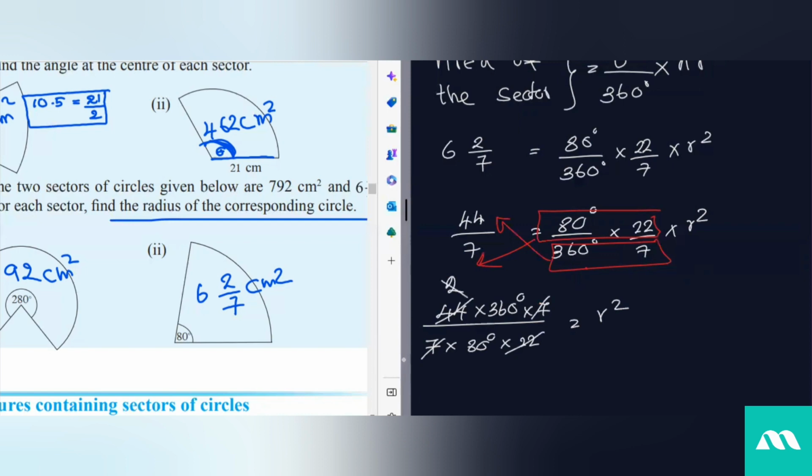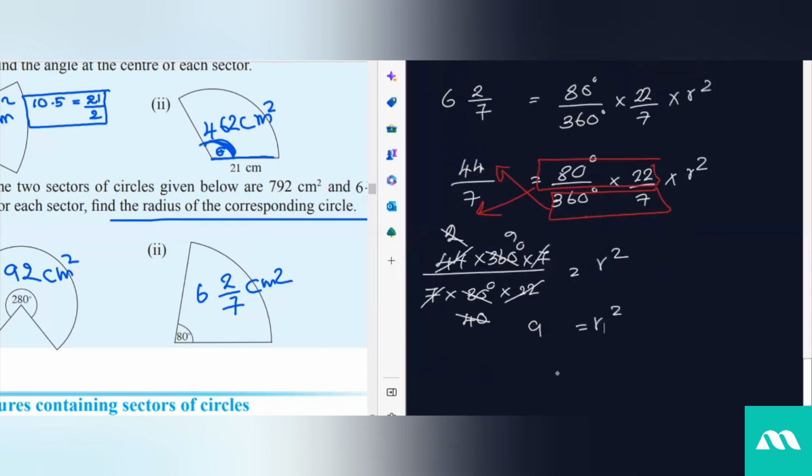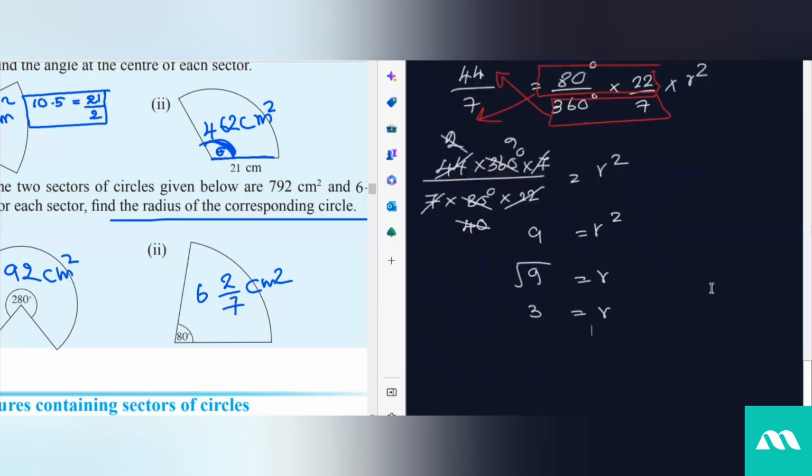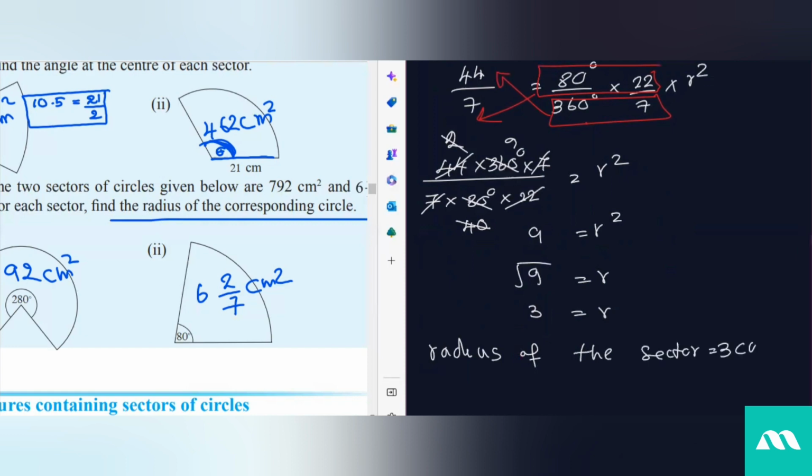If this is divided by 2, it is 40. 360 divided by 40 is 9. Then 9 equals r square. Then the square root of 9 is equal to 3. Then the radius of the sector is equal to 3 centimeters.